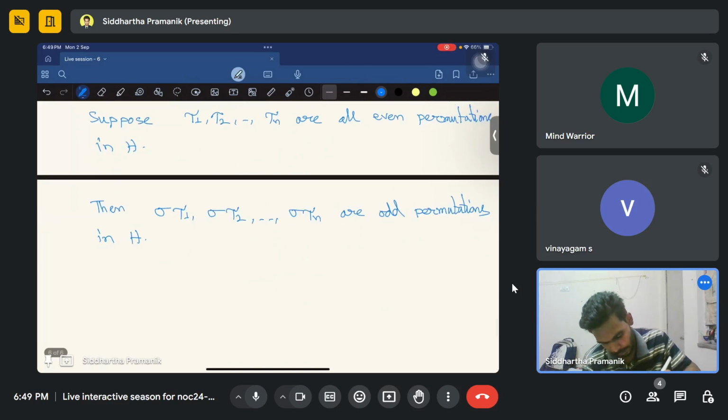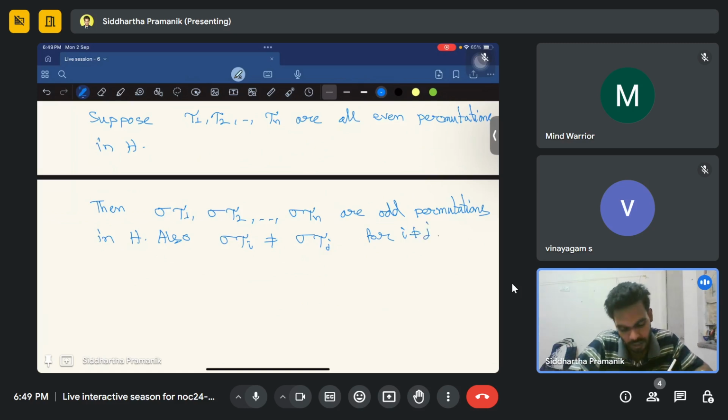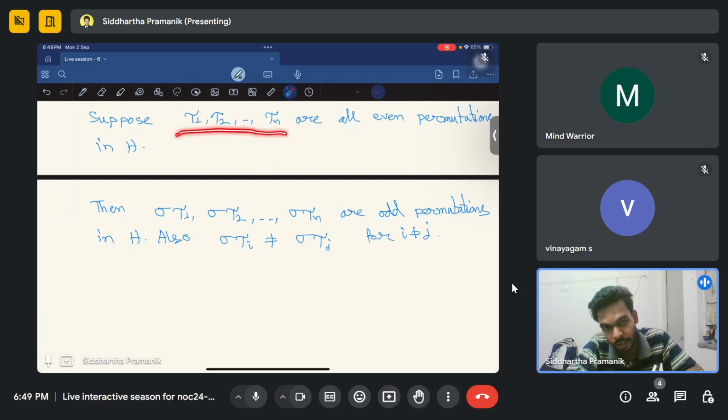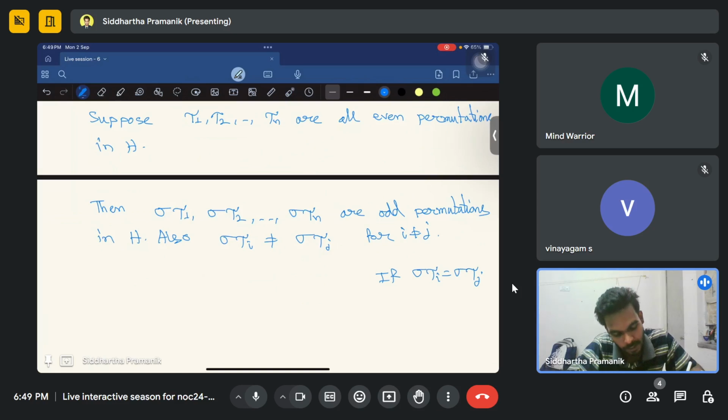Okay. And also they are distinct. Sigma tau i is not equal to sigma tau j for i not equal to j. Can you see why? Because tau 1, tau 2, tau n are distinct permutations. So if sigma tau i is equal to sigma tau j, use the cancellation law.